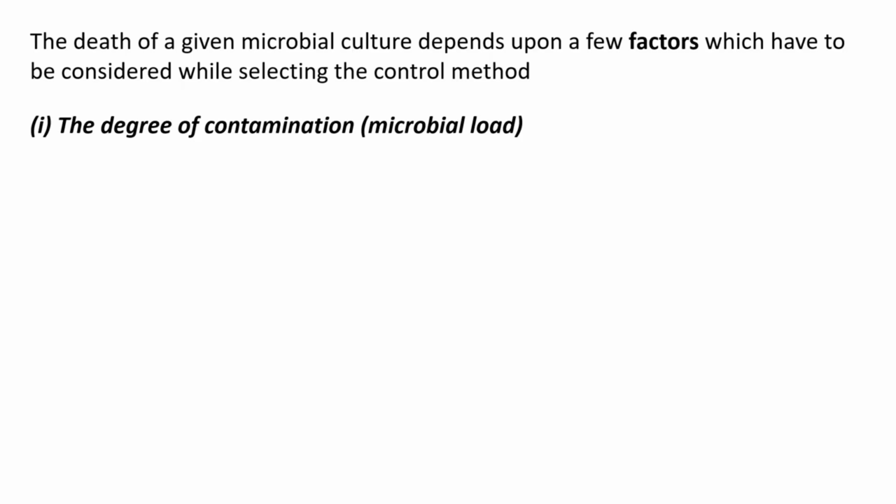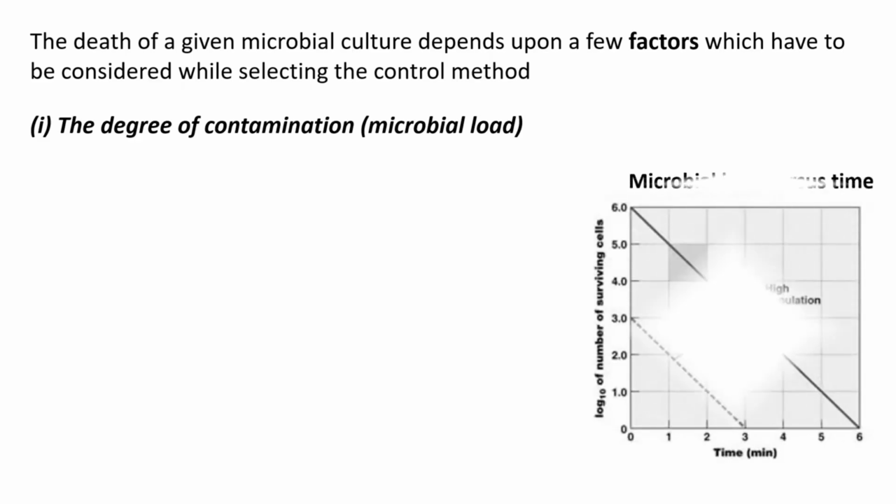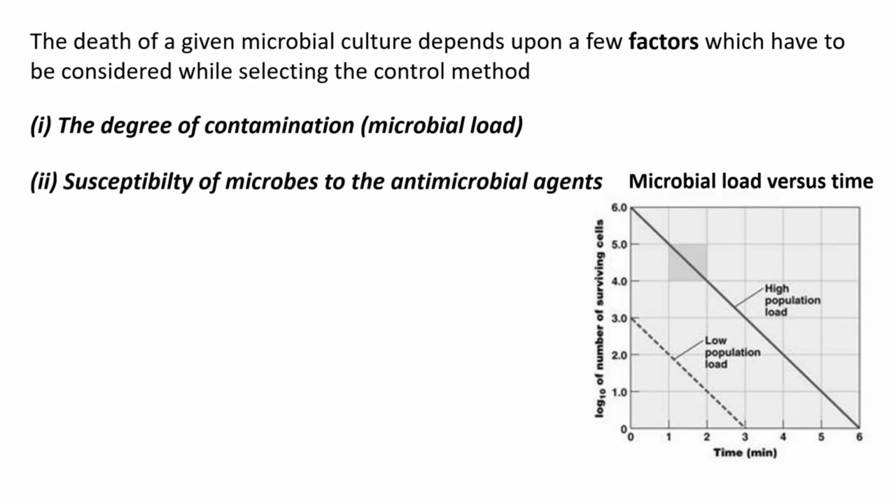The more the microbial population, the more time it will take for sterilization. A high population load will require more time as compared to a low population load, as shown in this figure. The second factor is the susceptibility of the microbes to the antimicrobial agents.